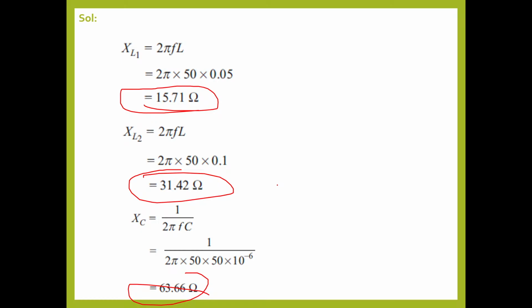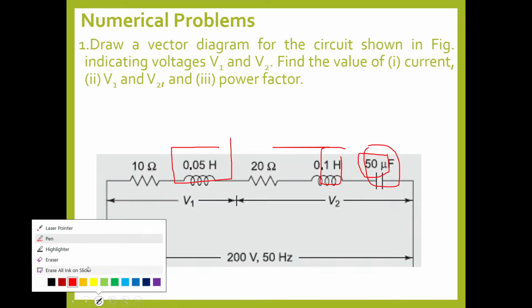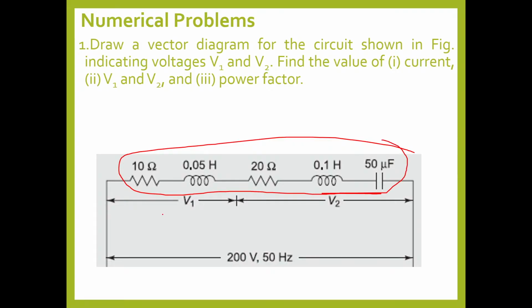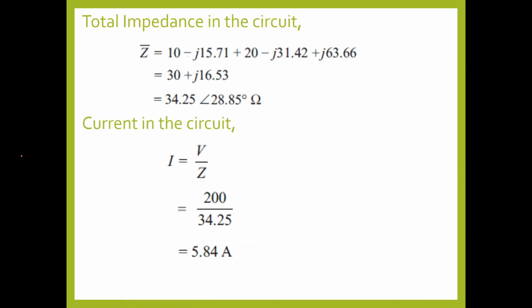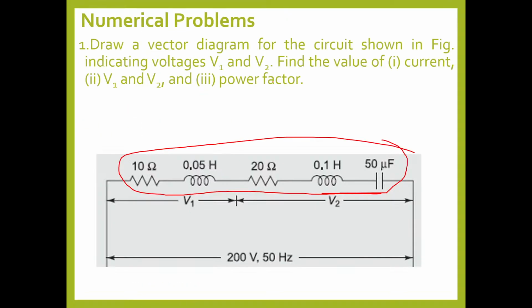What is the total impedance? Simply we have to add all the resistance values and reactance values. So see here, Z is equal to, this is resistance 10 ohms. I will just copy this image there.